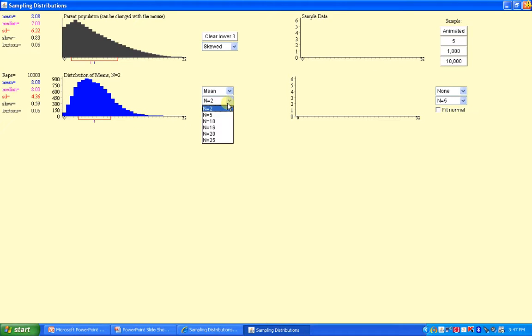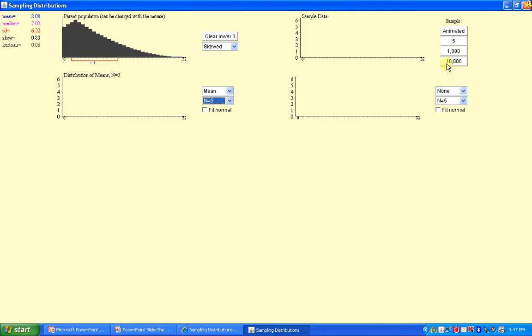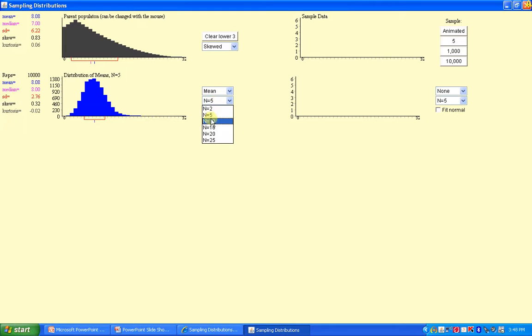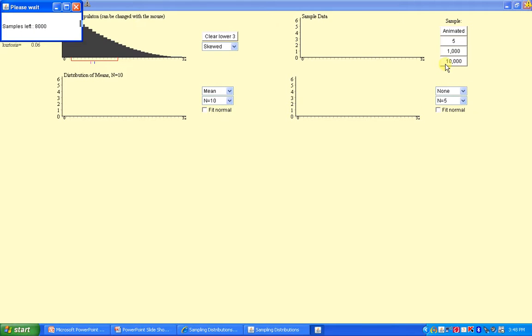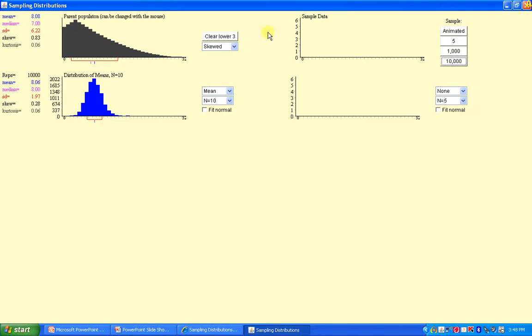Okay, but if we look at larger values, n equals 5, you could still say that this has some skew to it to the left, but it's definitely less skewed. Okay, n equals 10. Getting less skewed. Starting to look more like a normal distribution. We still have a skew there, but it's not a bad skew. And you can see that's the normal curve.